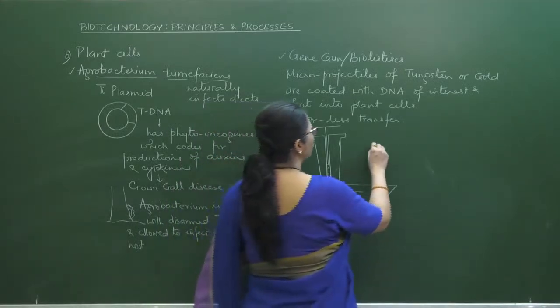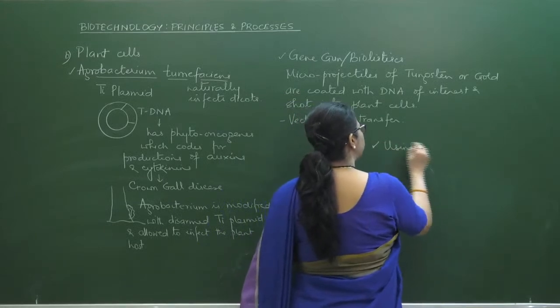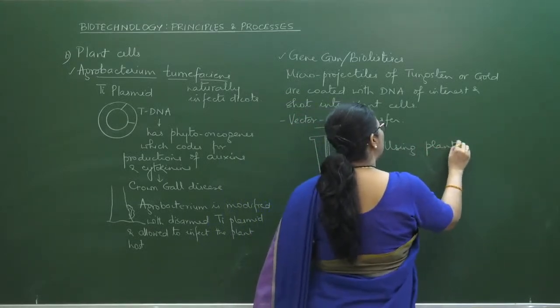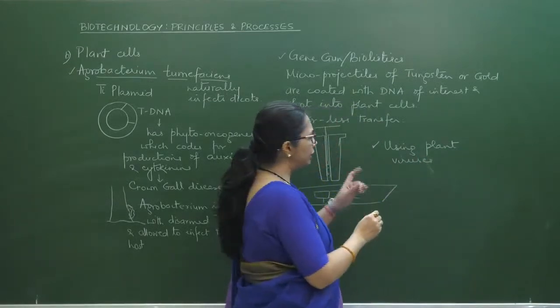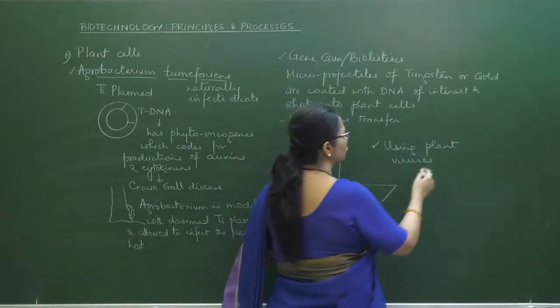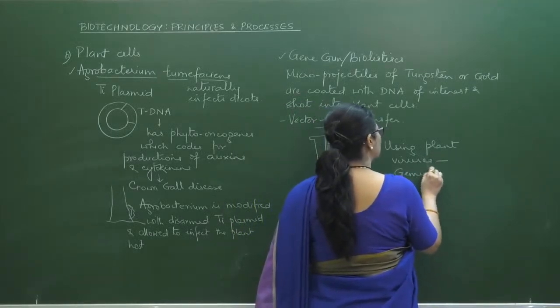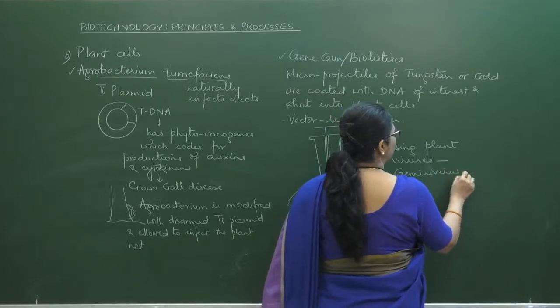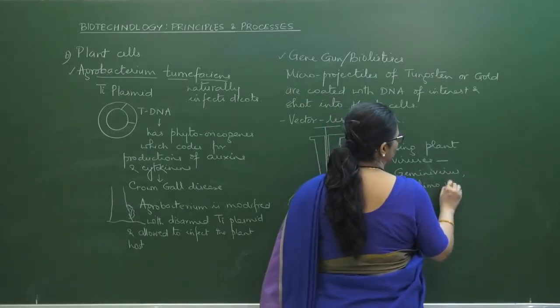And then of course using plant viruses, another method is there. This is although not so common, and the viruses which have been studied for this purpose are Gemini virus and Columovirus.